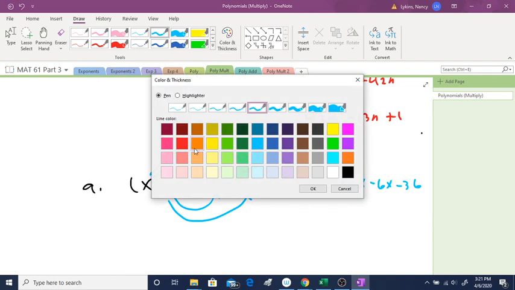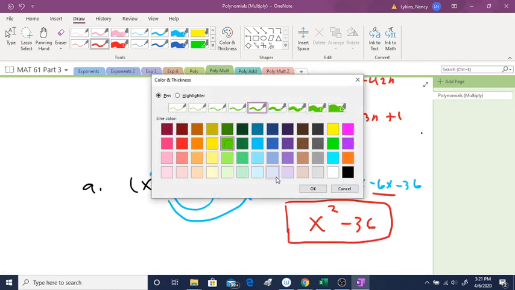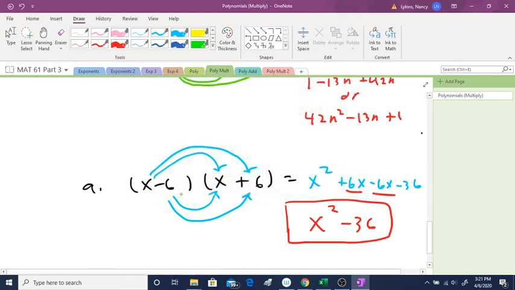Now take a look at my middle terms. They cancel each other out. x squared minus 36. This special case is a perfect square. Now, one hint on the perfect square is anytime the parentheses look the same except the signs are different, that means the middle terms will cancel each other out.